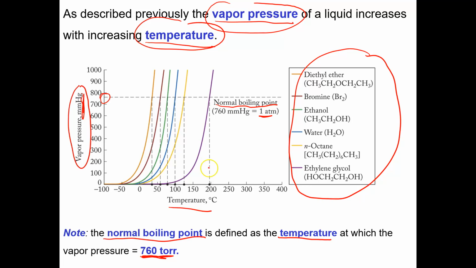In each case here, they've dropped a vertical line down, so that we have the boiling point of each of these liquids. So the normal boiling point is the temperature at which the vapor pressure equals 1 atmosphere. Okay, so let's look at the molecules themselves.